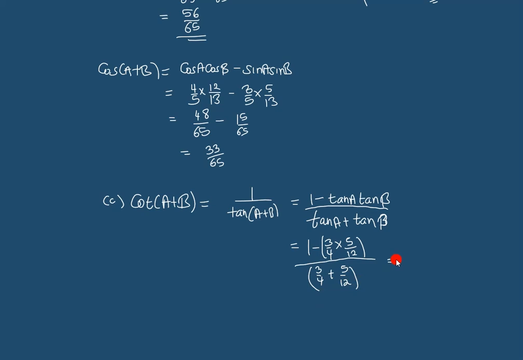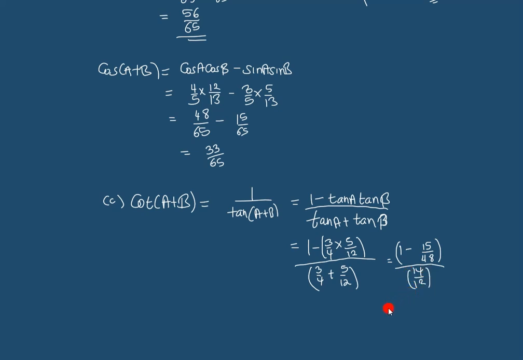And this will get us 1 minus whatever is up there, which is 15 over 48, and we are going to divide this by 14 divided by 12.